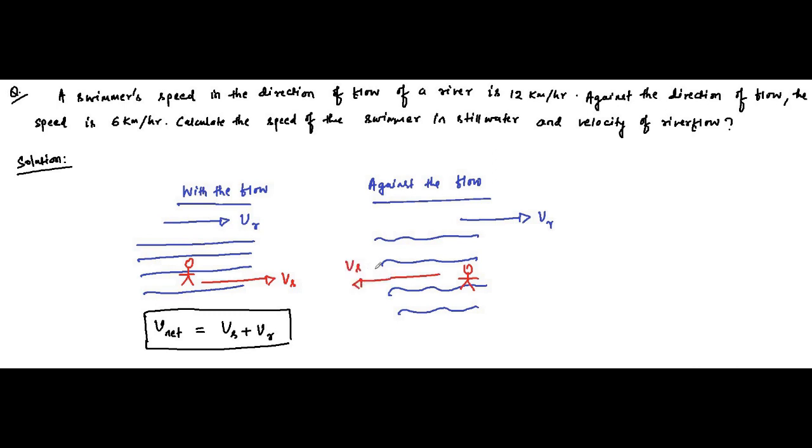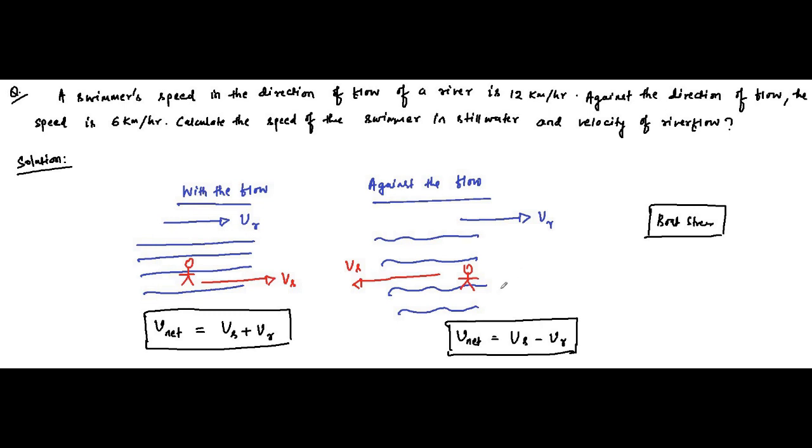So in this case the net velocity of the swimmer is equal to Vs minus Vr. Here the river is opposing the swimming motion of the swimmer. Same thing can be applied for boat and stream. Upstream, downstream: upstream it is moving against the flow of the stream, downstream it is moving with the flow.